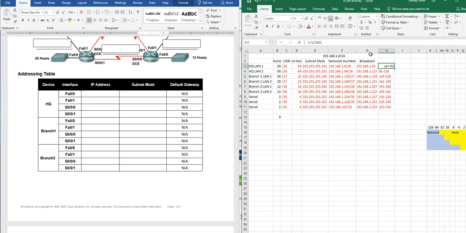So this actually accidentally auto-corrected for me. So I had some formatting set up. So this is 1.1 through 1.62. Okay. So these give you our usable numbers.